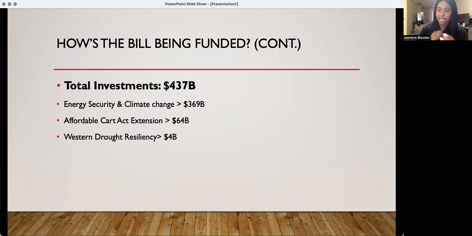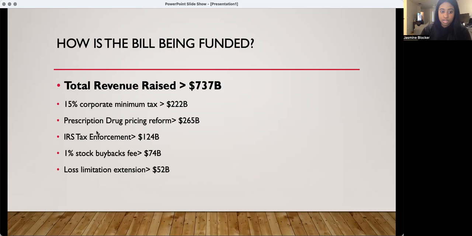Where are these funds being allocated? How are they being dispersed? What is the whole focus of the bill? Something else that I also neglected to mention that honestly has me a little bit alarmed because of how much funding is being allocated to the IRS.